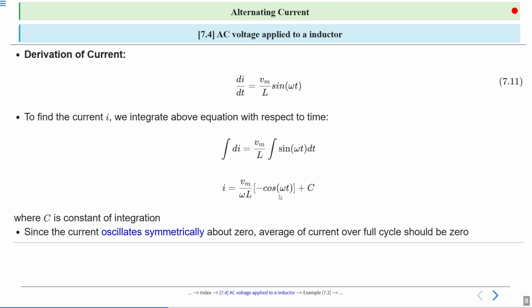Current is a function of cos omega t, a sinusoidal function, so it oscillates about 0 in a symmetric way, one positive cycle and one negative cycle. The positive and negative cycles are symmetric, so the average current over a full cycle will be 0.